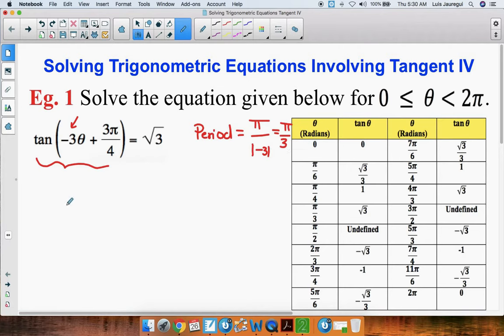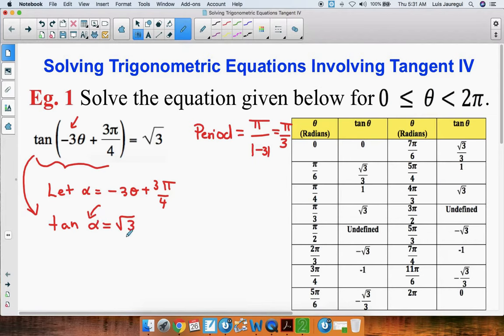The next thing we are going to do is to introduce a new variable alpha. So let alpha be equal to negative 3 theta plus 3 pi over 4. This will enable us to write this equation as follows. Tangent of alpha is equal to the square root of 3. So we want the angle alpha such that once you take the tangent, it will give you square root of 3.